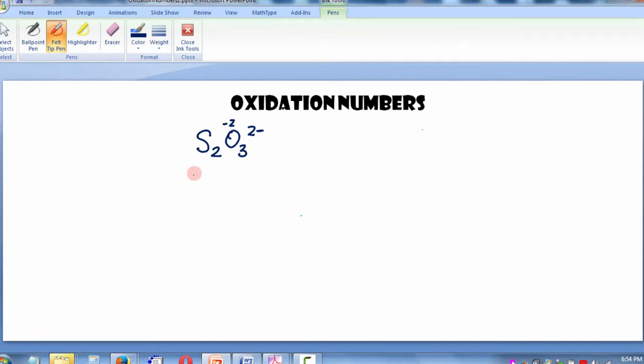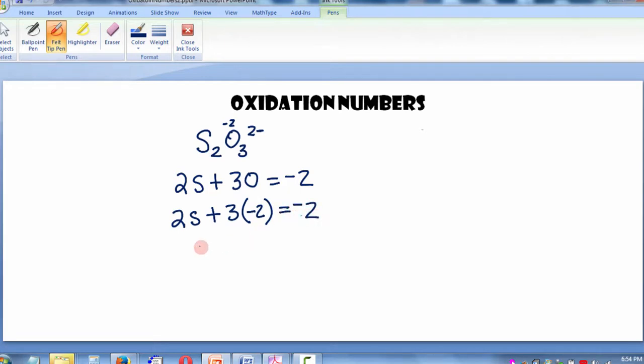So let's write our equation. 2 sulfurs plus 3 oxygens equals a -2. 2 sulfurs plus 3 times a -2 must equal a -2. That's 2 sulfurs plus a -6 must equal a -2.